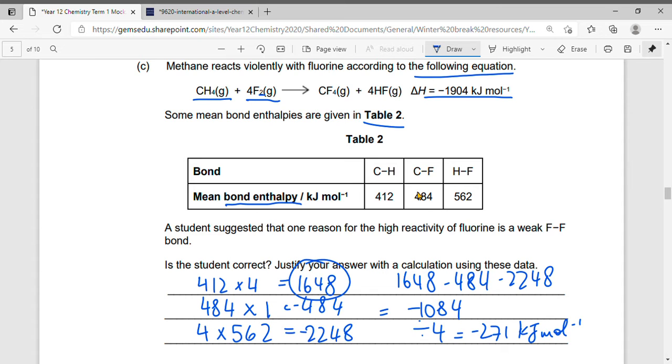I just want to double check that this is right. So to break these, we're actually breaking that, plus 2 times negative 271, and to make them, we're going to do the negative of that. So negative 484, plus minus 2248. Why is this the case?